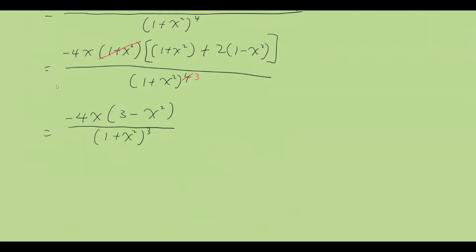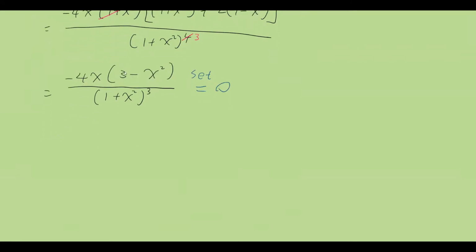Now that's the second derivative, right? And we're going to set this equal to 0, right? In order for us to find possible points of inflection, right? So when you set that equal to 0, all possible x values are x is equal to 0, right? From the negative 4x, or x is equal to plus or minus square root of 3, which is coming from the 3 minus x squared.